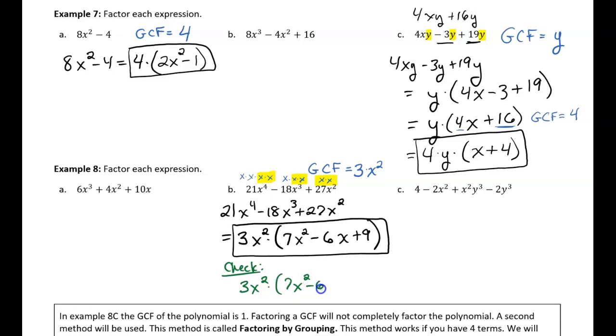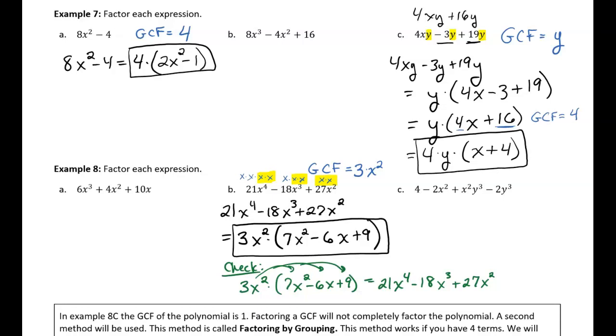Take your answer and distribute that GCF that you just finished undoing, right? 3x squared times 7x squared, well, it's 21x to the fourth. 3x squared times negative 6x, 3 times 6 is 18, x squared times x is x to the third. And then 3x squared times 9, 3 times 9 is 27, and then the x squared is being multiplied. So checking is always really nice if you're uncertain of some of these problems.